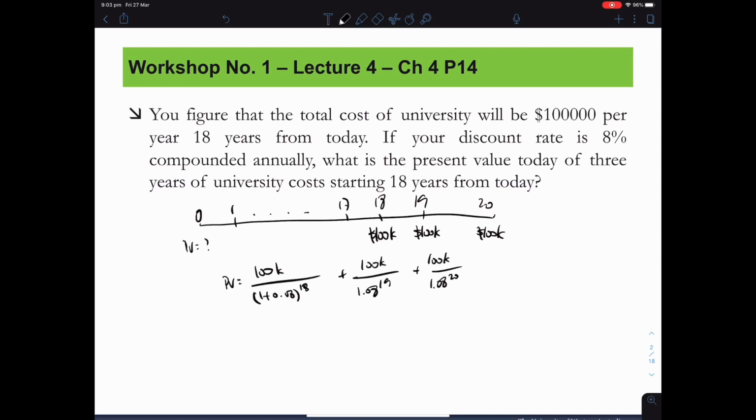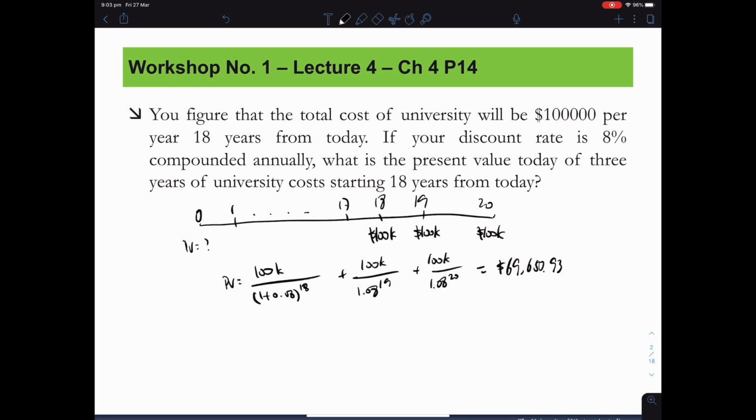So that's doable, and you will get the same answer as what we're gonna do later on. That is 69,650.93.